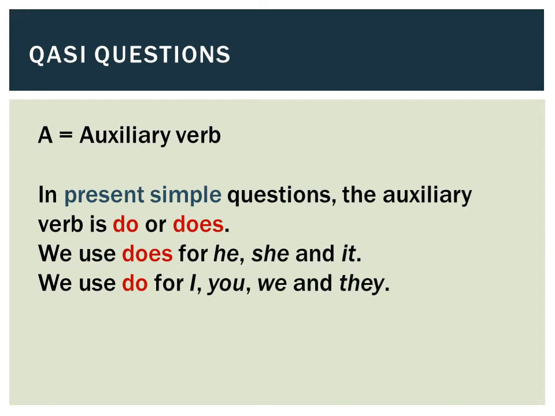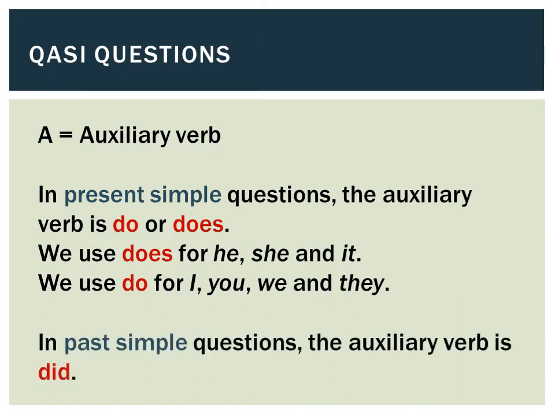We use do for I, you, we and they, or the children or my parents, something plural. In past simple questions, the auxiliary is did. This one is easy to remember because it's always did in the past.